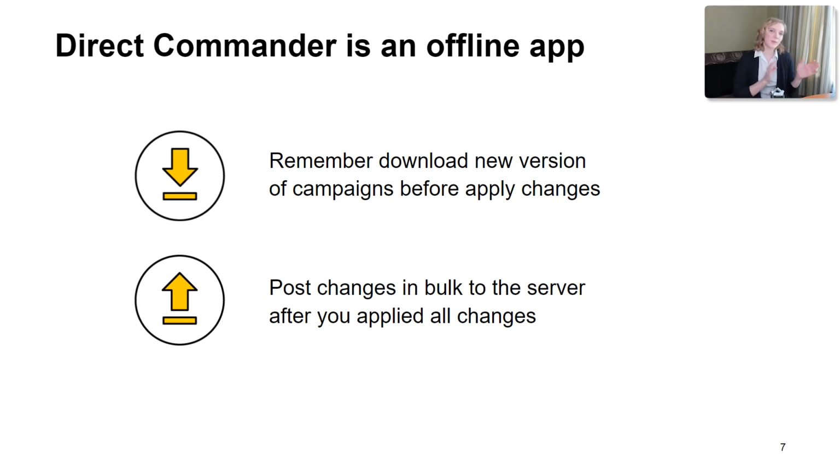That means before you apply your changes, you have to download campaign information to your desktop. After that, you can apply as many changes as you want. And after that, you have to post the changes to the server. Only after that posting process will the changes be applied to the real campaign. It is really important to remember.